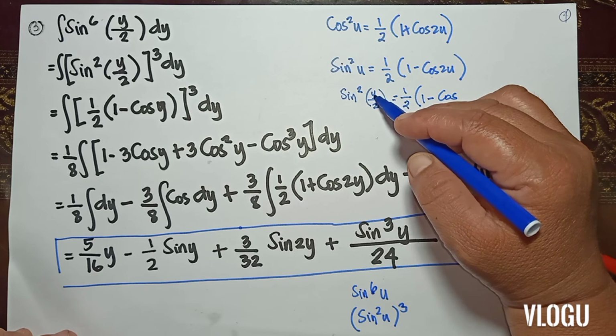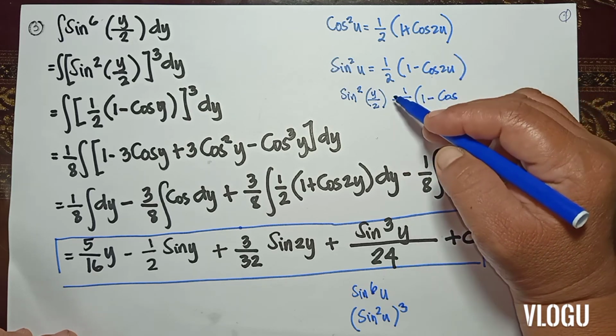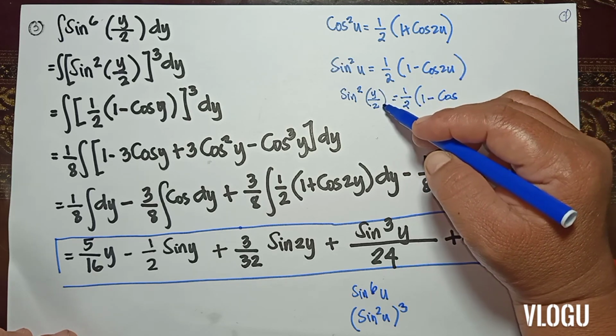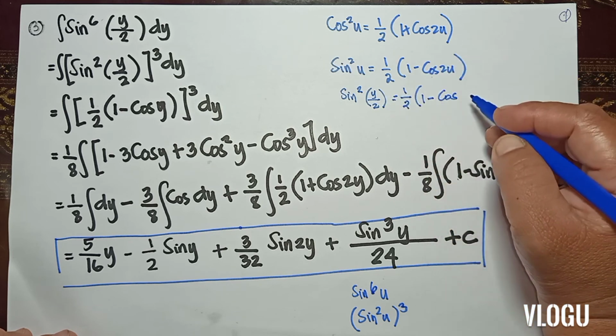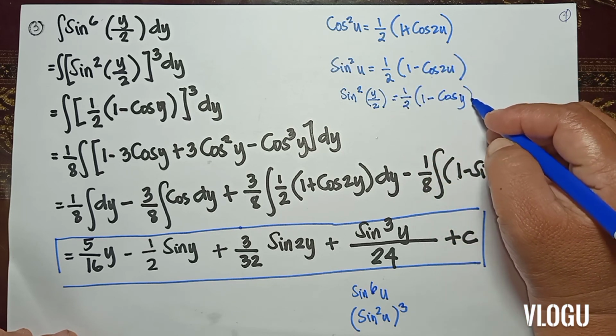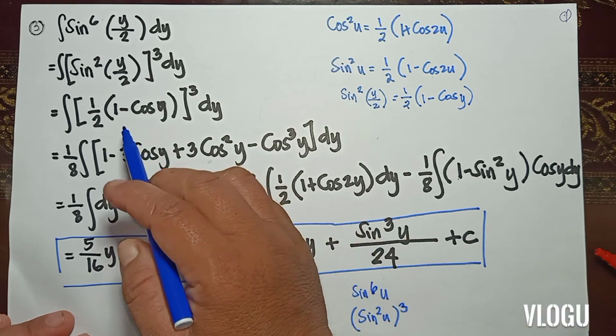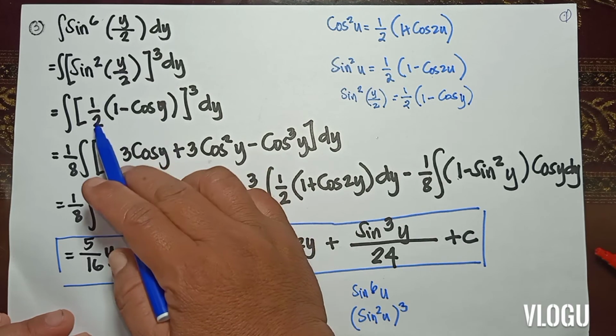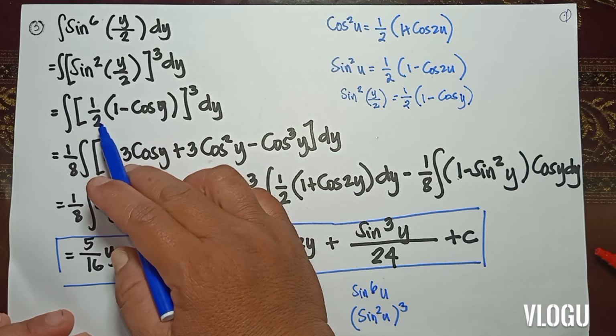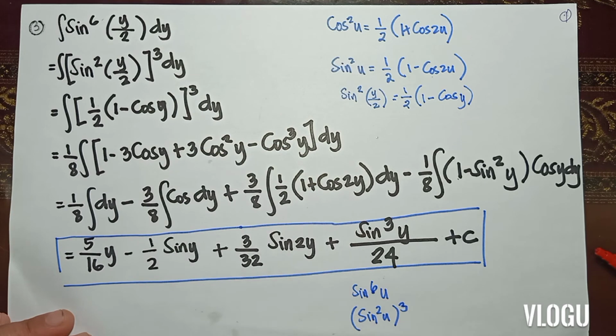What is our u? Y over 2. 2 times y, that is 2y, divided by 2, so the u will have y only. That's the reason our transformation is equal to 1/2, 1 minus cosine y, to the cube.